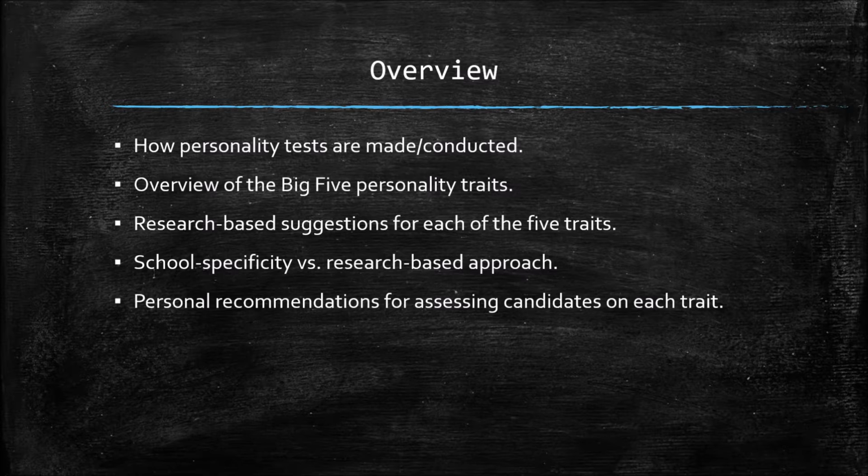And so we'll talk about what each trait is, and then we'll give some research-based suggestions for each of the 5 traits. And these suggestions, they're just presenting the data here on the PowerPoint, right? So whatever the effect size of each trait is in relationship to teacher effectiveness.